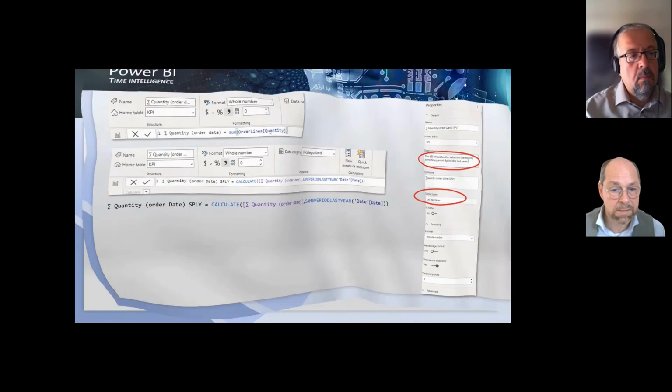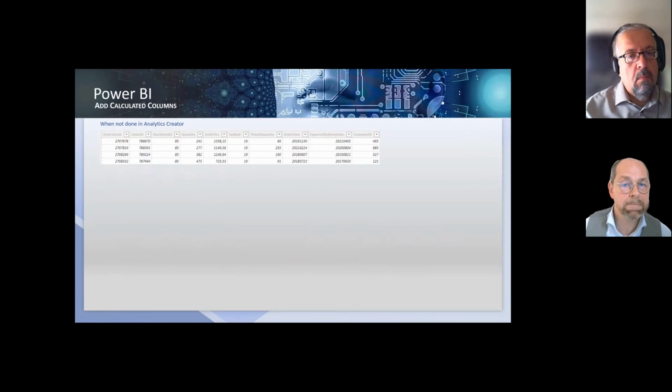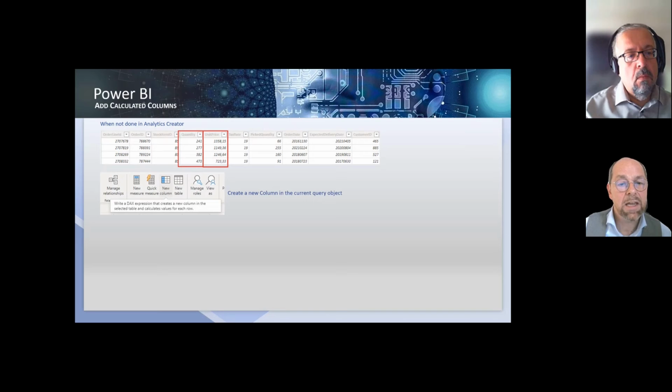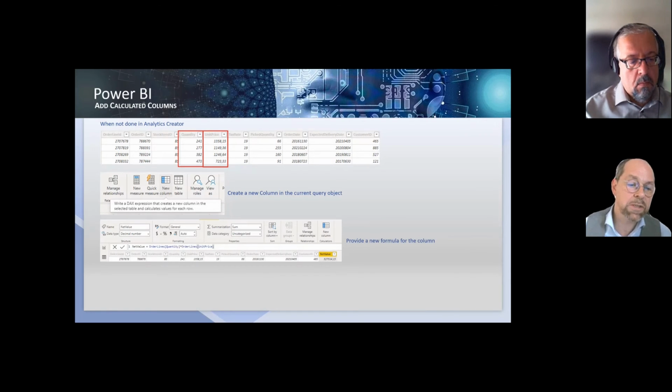Okay. Going to the next. Calculated column is something you can easily do in AnalyticsCreator. Dimitri showed it in this presentation yesterday, how to calculate a quantity by unit price. And you can do this in Power BI as well. So I don't want to focus intensively on this step.